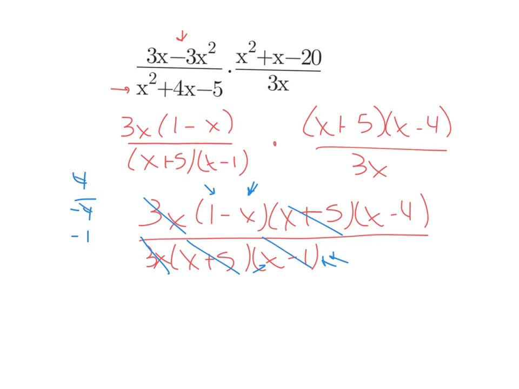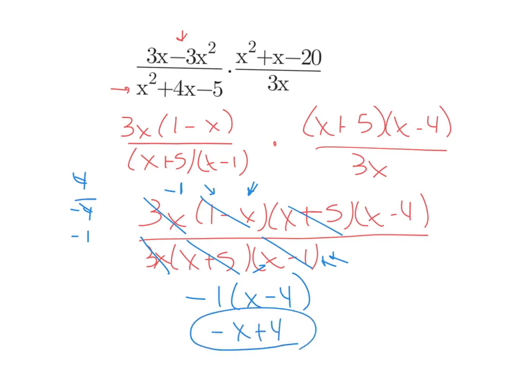So I'm going to cancel the opposites, but when you do that, make sure you include a negative 1. What that leaves me with is a negative 1 and the x minus 4. And if I distribute that negative 1, it gives me either negative x plus 4 or 4 minus x for my final answer. All right, so that's a really good problem.